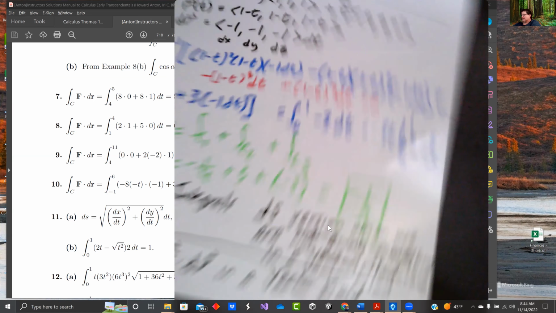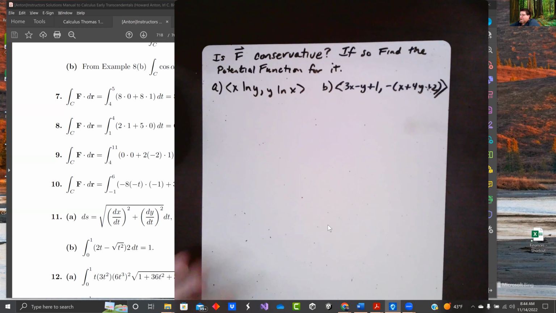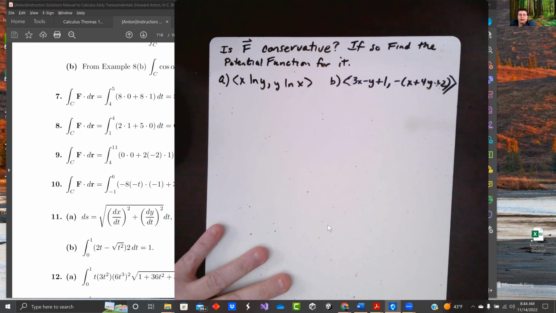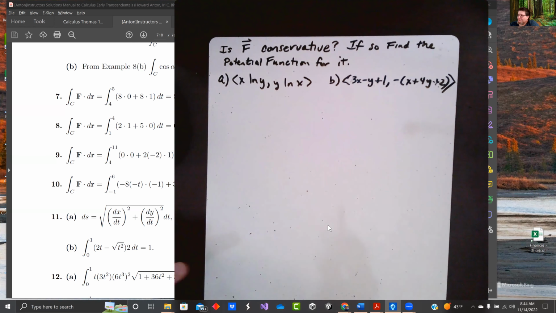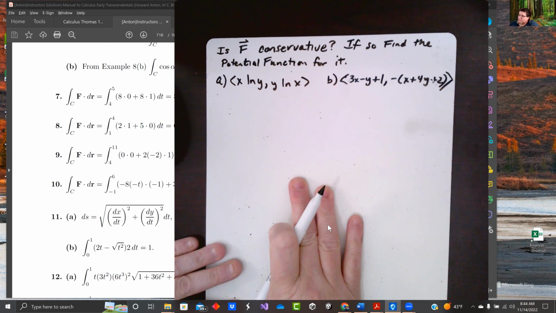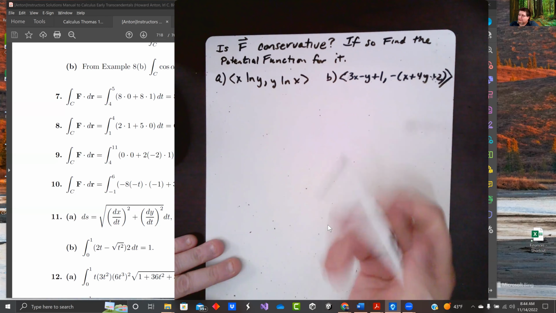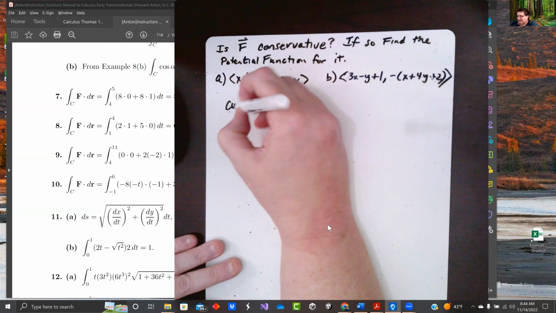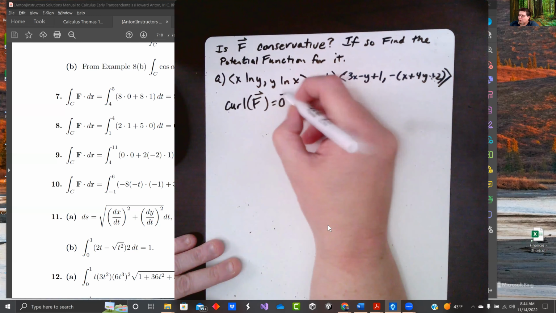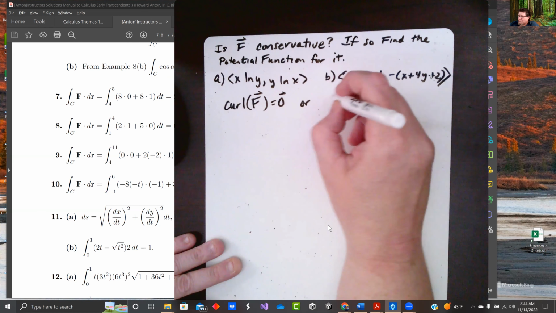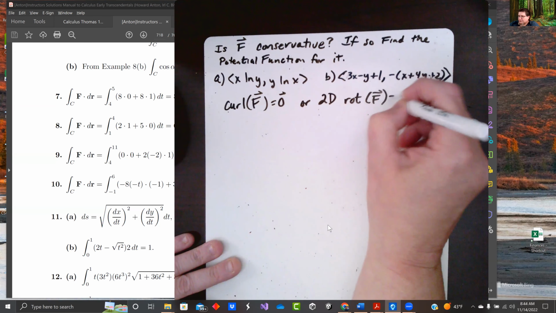All right, so we want to find out if F is conservative, and if so, find the potential function. I suspect many of you did not watch the video for that yet, because it went up this weekend. If we want to see if something is a conservative vector field, the curl of F needs to equal 0, or effectively, when we do the 2D version, the rotation of F needs to equal 0.